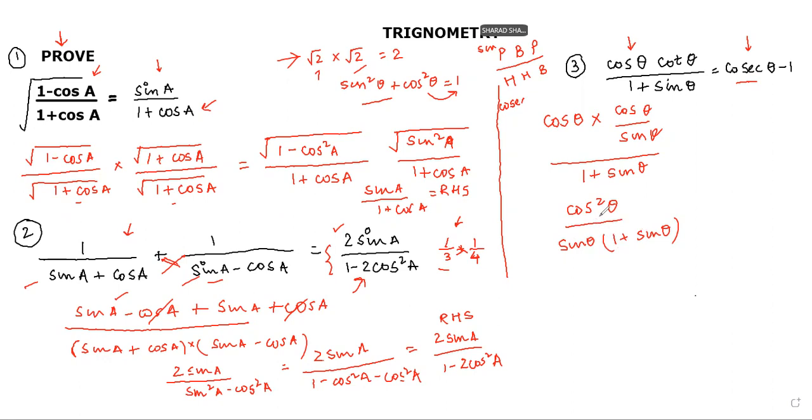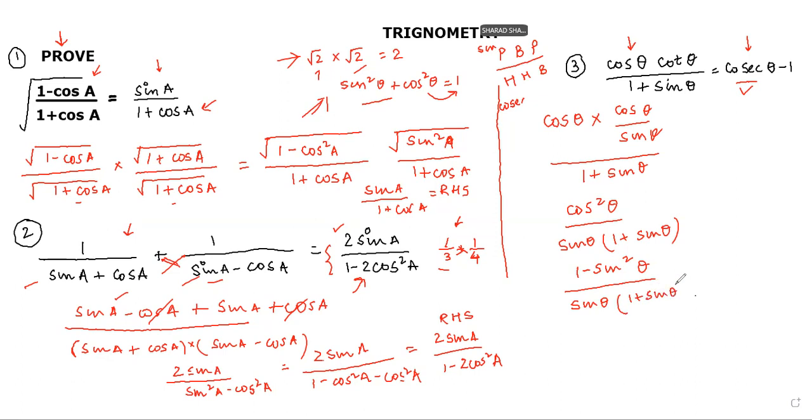Now cos square theta, again we have to move to sine, because we have cosec on the right. So what is cos square theta? Now you remember that there is a formula sine square theta plus cos square theta is equal to 1. I can easily change cos square theta to 1 minus sine square theta. And in the denominator, it remains same, sine theta in the bracket 1 plus sine theta.